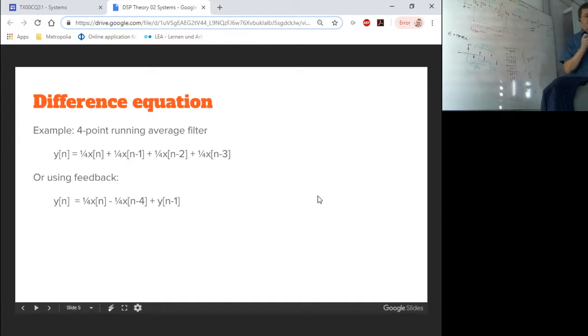Okay. Using feedback, the previous calculated output value makes a big difference when you have, say, 100 points. Instead of calculating a 100-point average, you just do 3 different calculations. Okay, yeah.